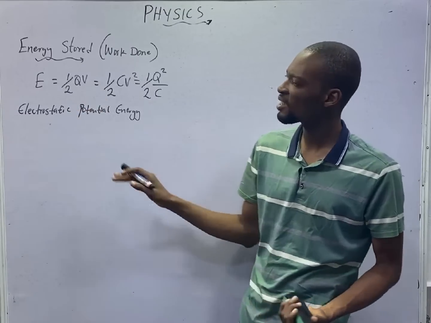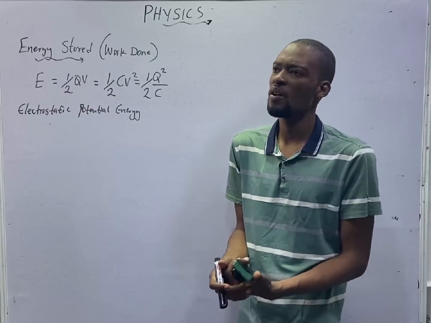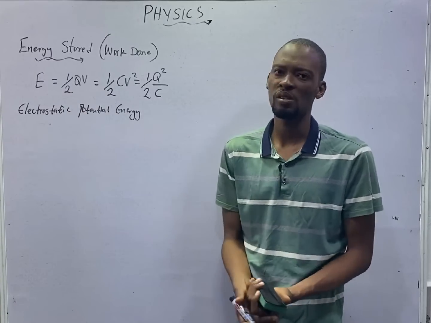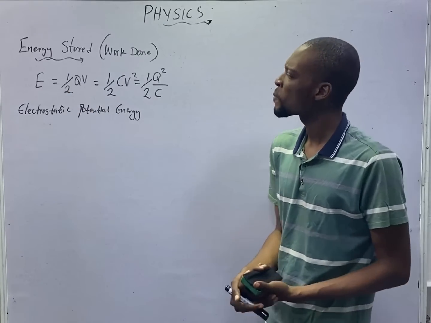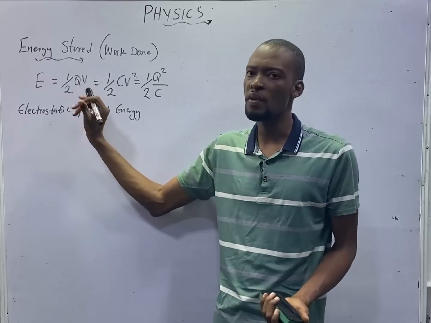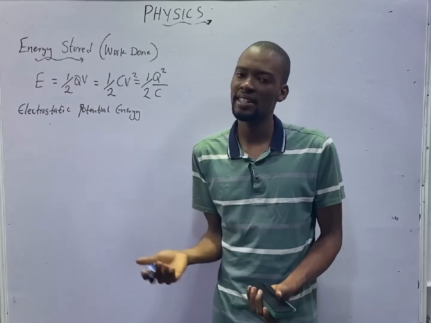Energy stored is half QV. You will be given the charge on the capacitor and the voltage or the potential difference. If you have the two, multiply and divide by 2.